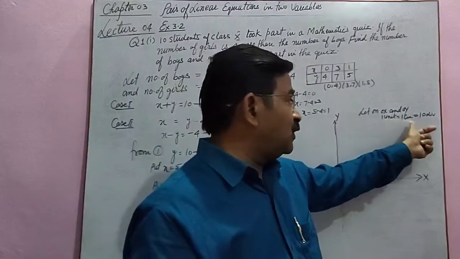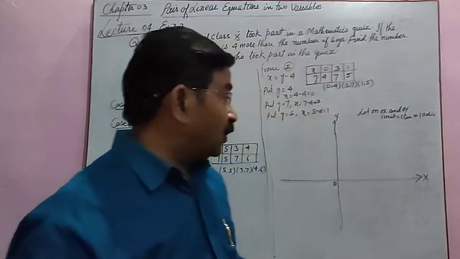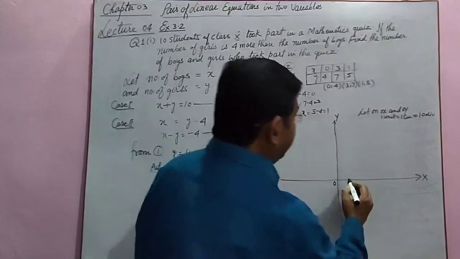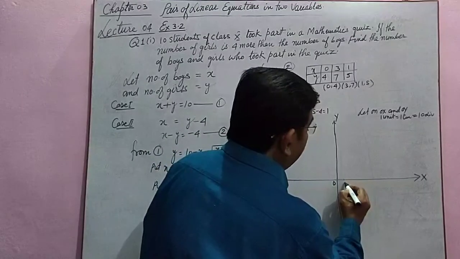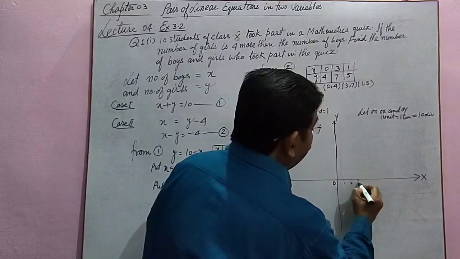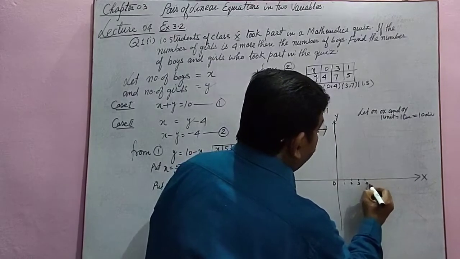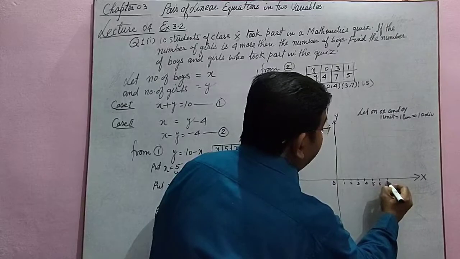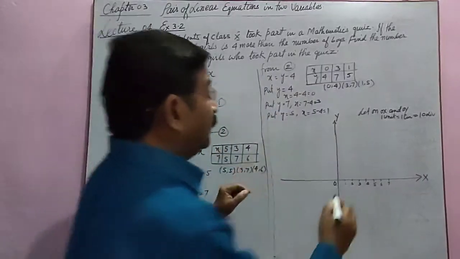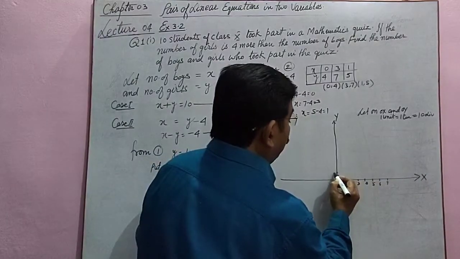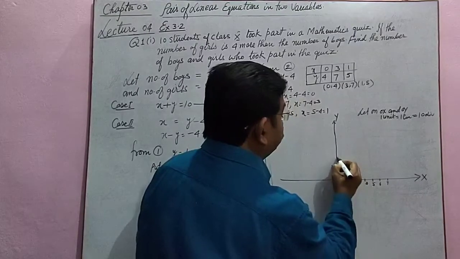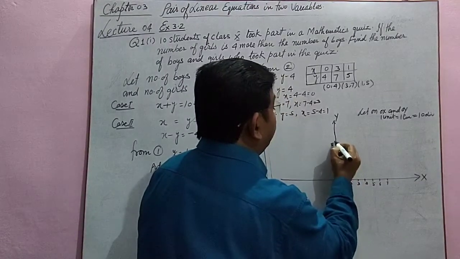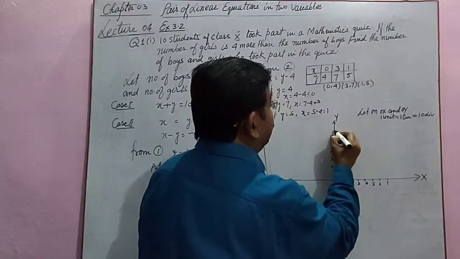So you can write 1 unit equal to 1 centimeter or 10 divisions. Alright. Now let's plot the graph. First form the grid. Suppose 1, 2, 3, 4, 5, 6, 7. Maximum value is 7. Here also we can write 1, 2, 3, 4, 5, 6 and 7.